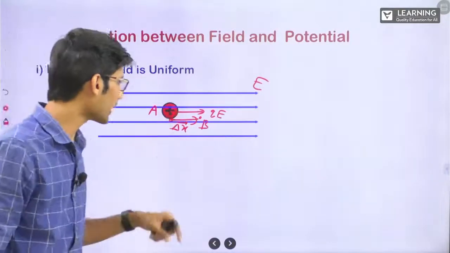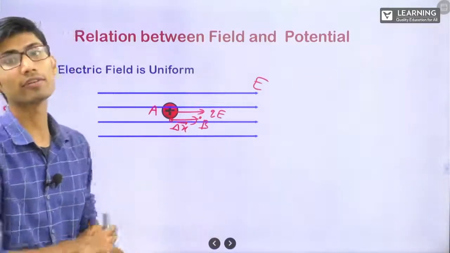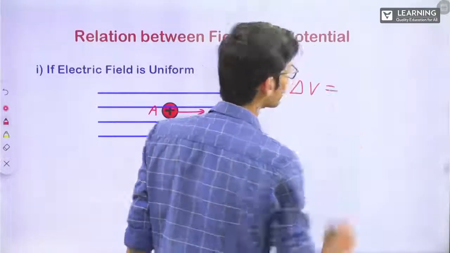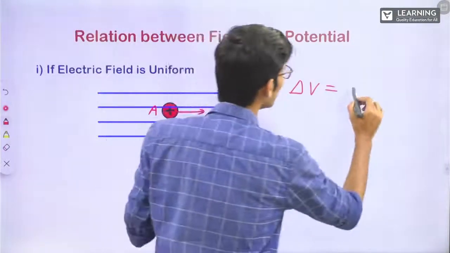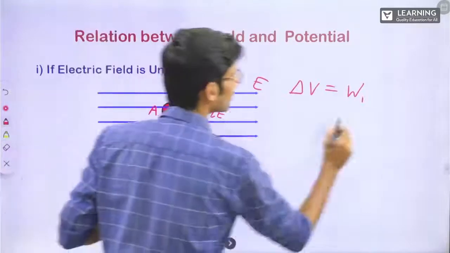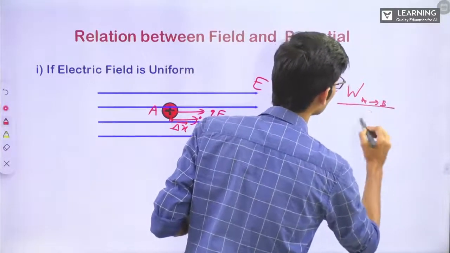Now here I have to find out potential difference from A to B. Delta V from A to B. Delta V is what? Delta V is equal to work done from A to B per unit charge.